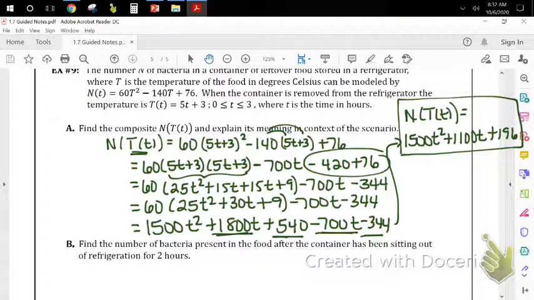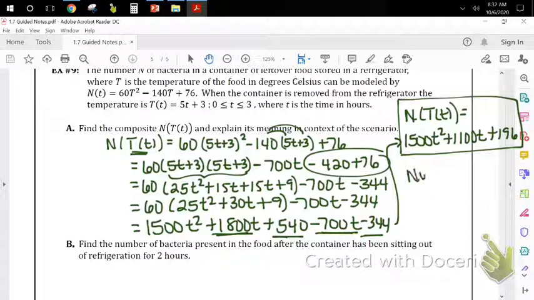Now, it says and explain its meaning in context of the scenario. So N is the number of bacteria, and little t is the number of hours that it's been sitting out. So this equation is going to tell us the number of bacteria that exist after it's been sitting out for t hours.